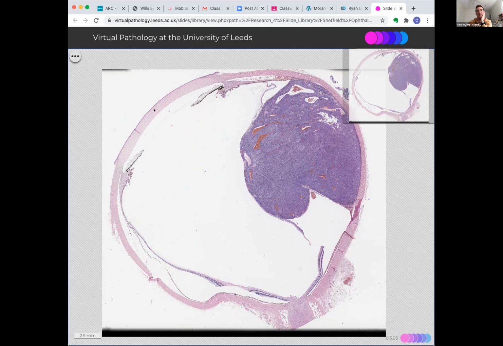We're in a PO axis. And we have a large tumour up in the top right, which is predominantly blue with small foci of pigment within.